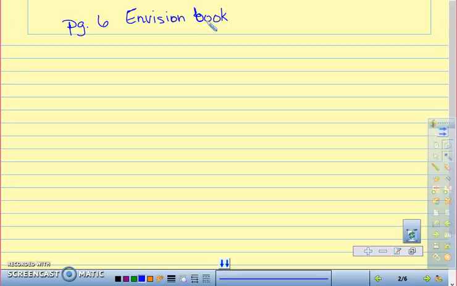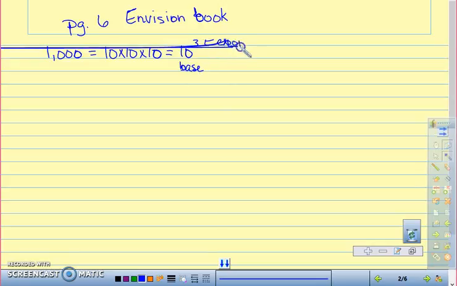Can you show 1,000 as a power of 10 using an exponent? And we've seen this one already. So we're going to put 1,000, and its factors, or what we multiply it by, is 10 times 10 times 10, and that would equal 10 to the third. And remember, this is the base, and this is the exponent.